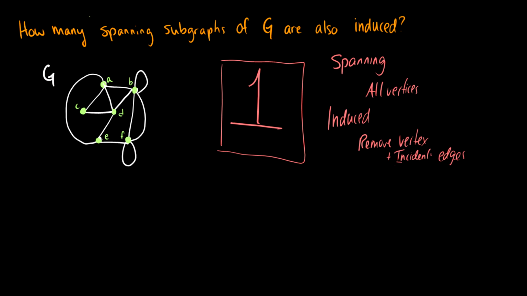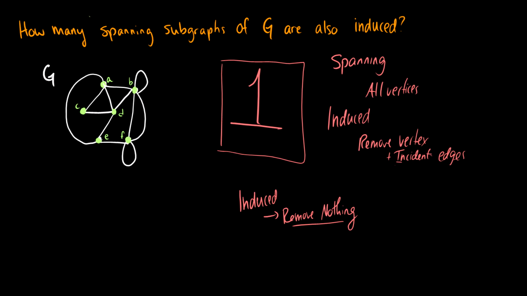That would be the correct term, incident edges. So the one case where spanning is induced is when the induced says remove nothing. And that is the only scenario where the spanning subgraph is the induced subgraph.